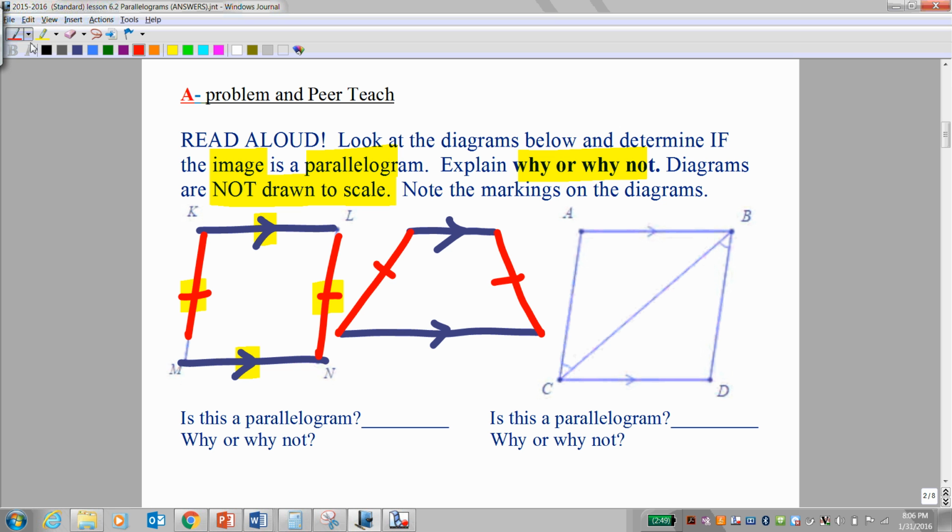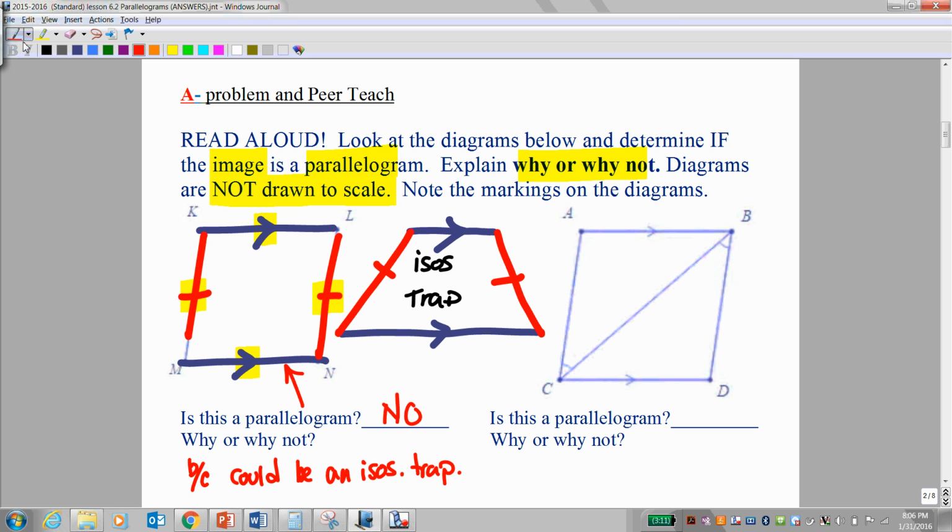But that shape there is not a parallelogram. It's an isosceles trapezoid. So is this shape necessarily a parallelogram? The answer is no. Why? Because it could be an isosceles trapezoid.